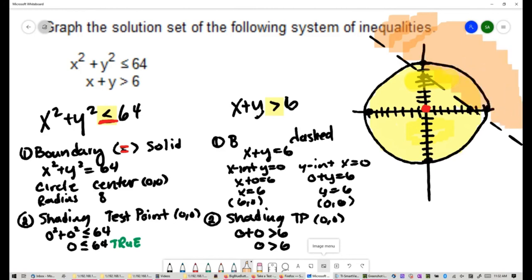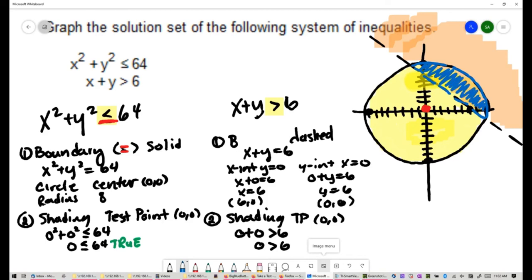And so in my picture here, I have shading for the first inequality in yellow, shading for the second inequality in like an orange color, and we do have some overlap. The overlap occurs right here in this little section, and that means that this group of ordered pairs are solutions to both inequalities.